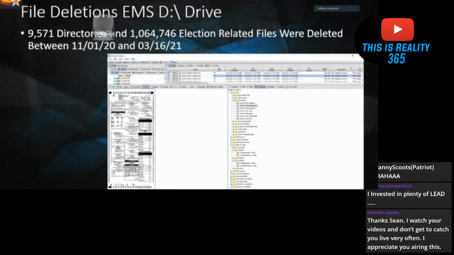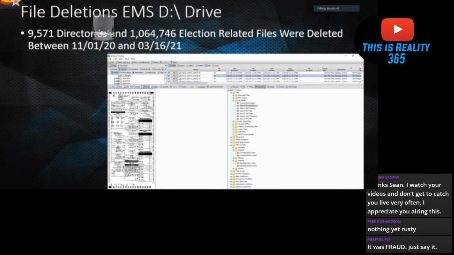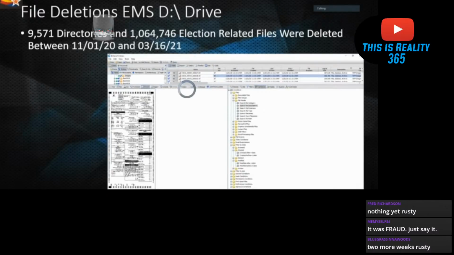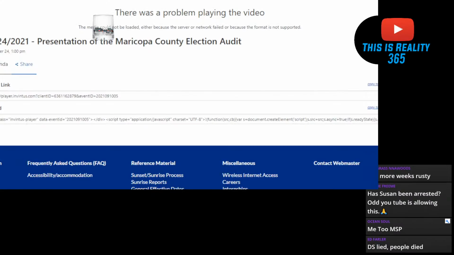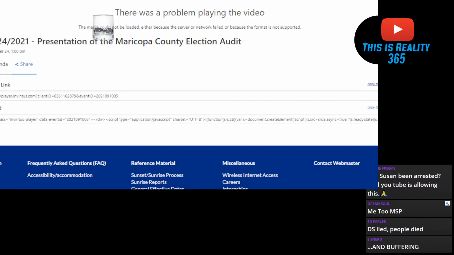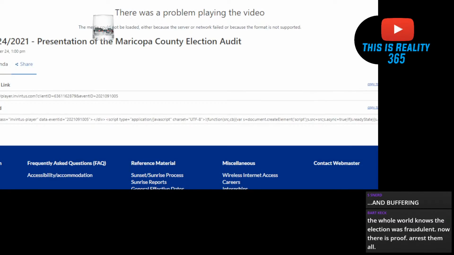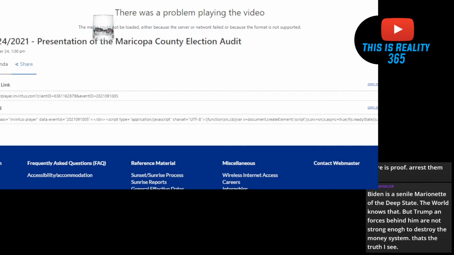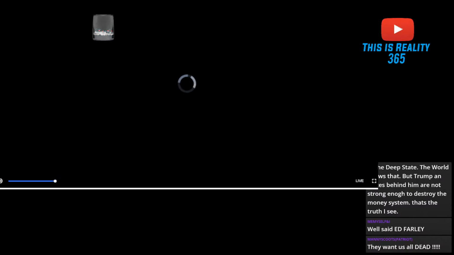You'll note that there were 9,571 directories and 1,064,746 election-related files deleted between the 1st of November 20[..] of those.